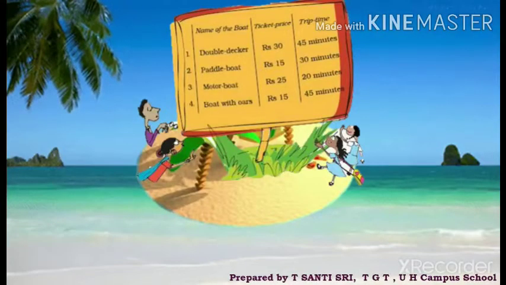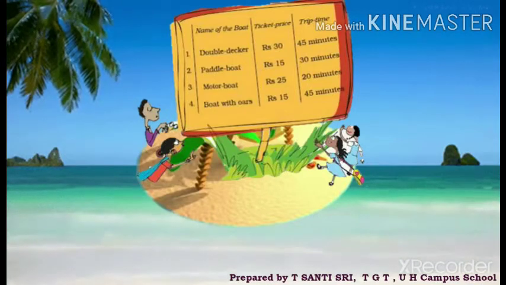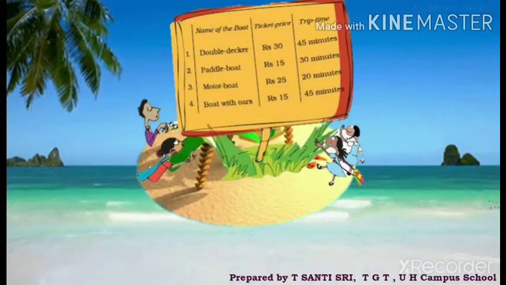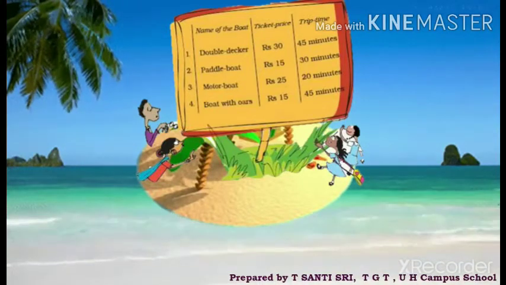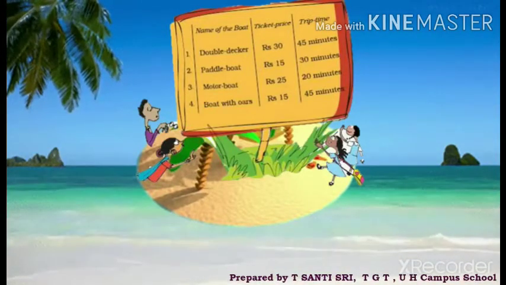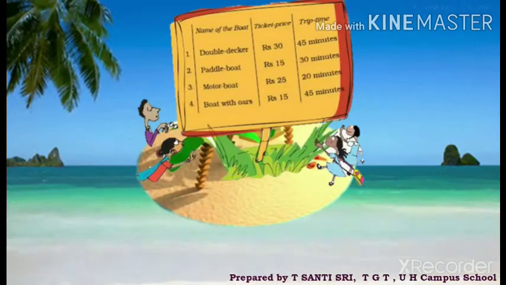These are the 4 kinds of boats they have. Each has a different ticket price and also different trip times. Let us see the chart clearly.